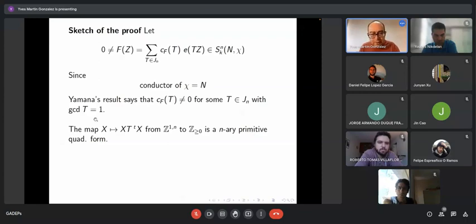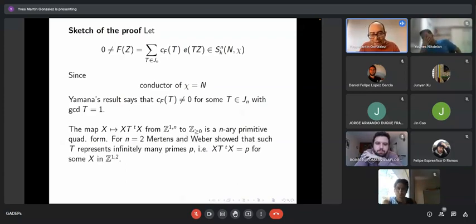That is, the matrix T defines a map from Z^n, the n-tuples of integers, to Z, where x goes to x t x transpose. It's an ordinary quadratic form in n variables. And since the GCD of t is 1, this is a primitive quadratic form. Okay.